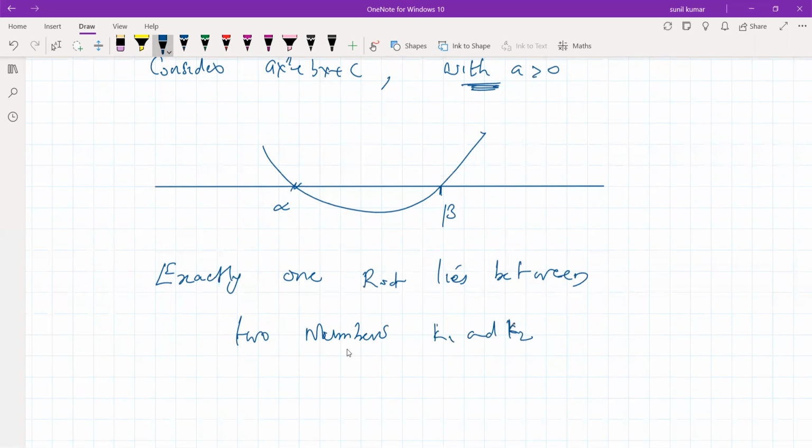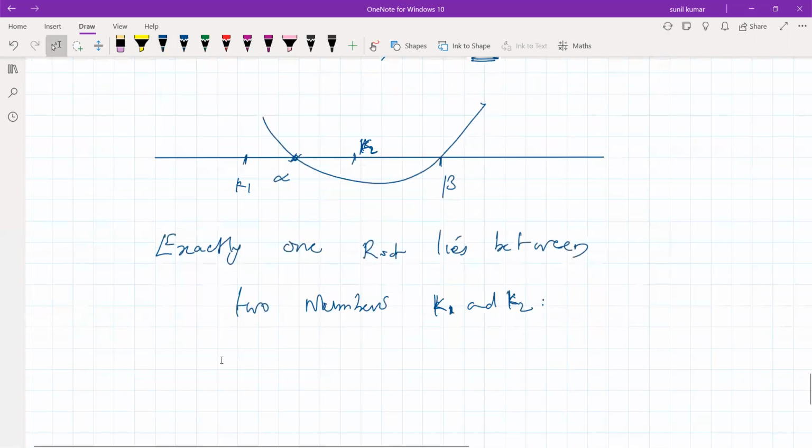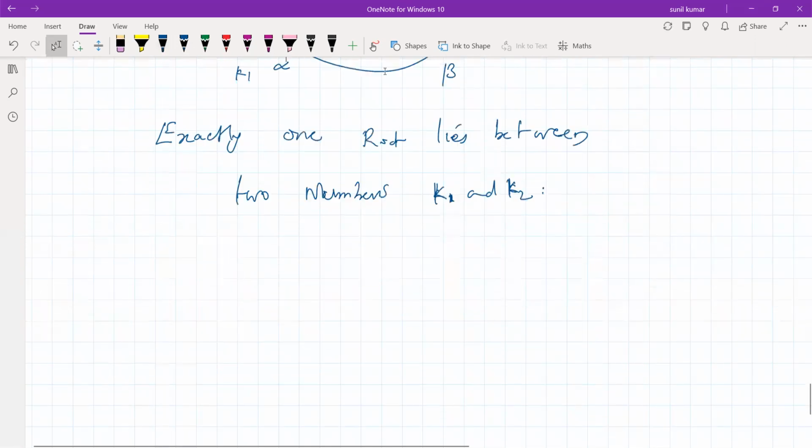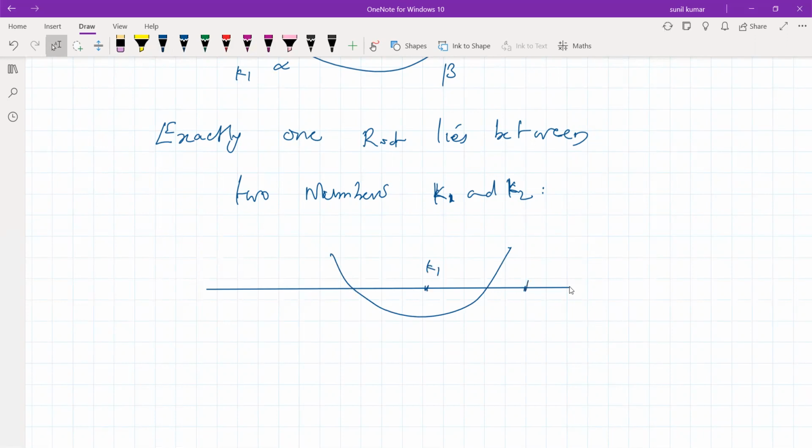Here, between k1 and k2, alpha lies. Getting the idea? Between k1 and k2, one root. Or this is also possible: this is k1 and this is k2, so between k1 and k2, beta lies.